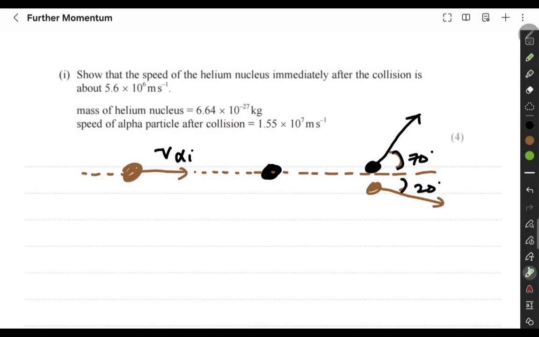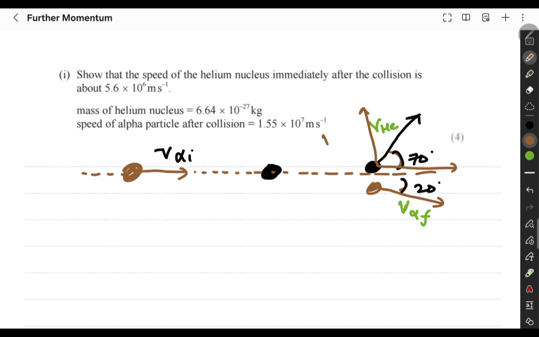Alright, so what we have to do now is apply the conservation of momentum principle. But before we do that, let's make components. So the initial velocity of the alpha particle, I'm going to put this as the symbol for that. And then we have the final velocity of the alpha particle, and the velocity of the helium nucleus as well. Then we can make components of this.